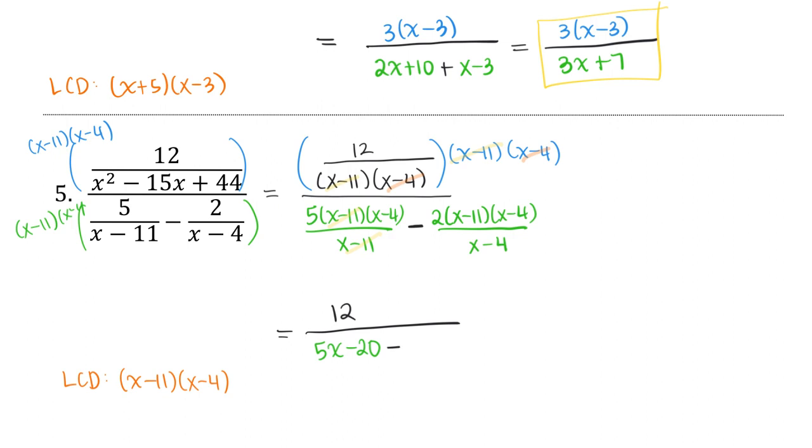Now let's see what else we have. On the next fraction, the x minus 4s cancel. So I have minus 2 times x minus 11, which is minus 2x plus 22. So I have a 12, and then on the bottom, 5x minus 2x is 3x, plus 2. Good answer, no common factor.